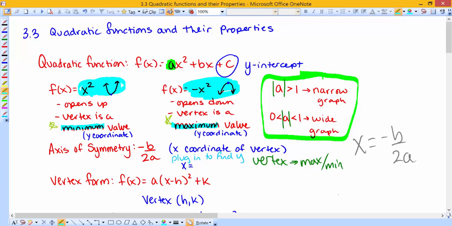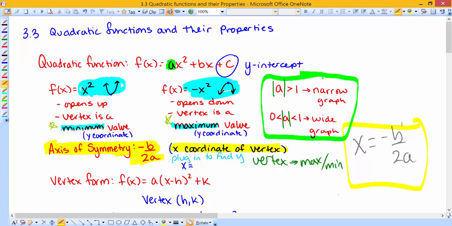And then lastly, I want to draw your attention to the axis of symmetry. This is a very, very important formula, especially since we are not going to be using vertex form. The axis of symmetry gives us the x-coordinate of the vertex. So x equals, I just like looking at it this way, x equals negative b over 2a.